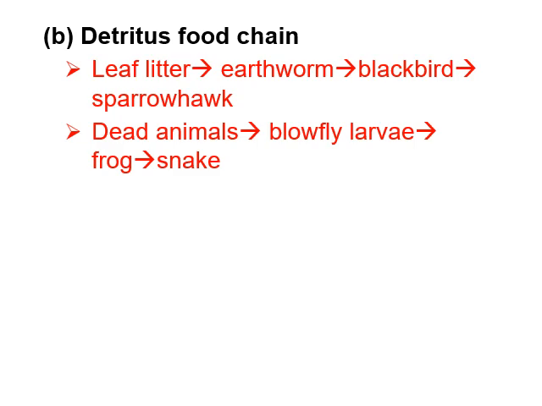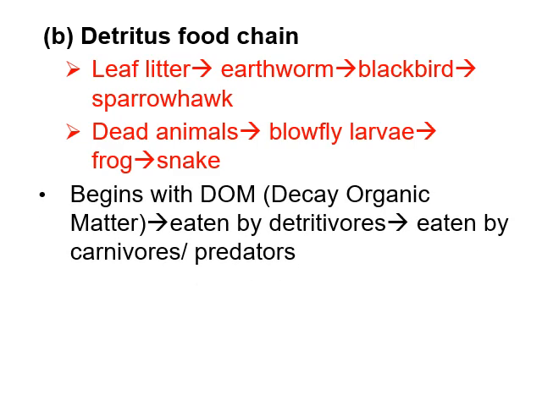So kalau you tengok detritus ni, dia start daripada non-living organisms kan. Okay, dia tak start daripada autotrophs, producers. So dead animals, blowfly larvae, frog, and then snake. Okay, so it begins with dead organic matter ataupun decayed organic matter, and then eaten by detritivores, and then eaten by predators or carnivores. Okay, so ini detritus food chain.